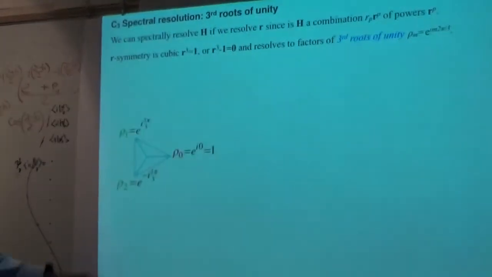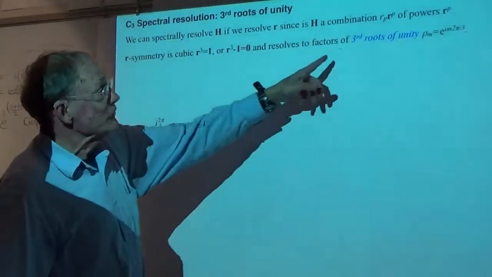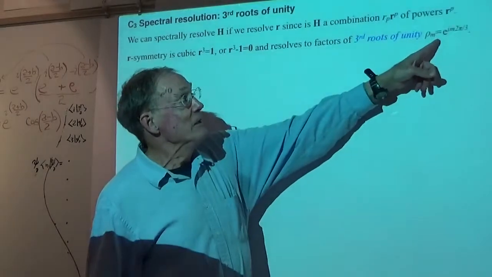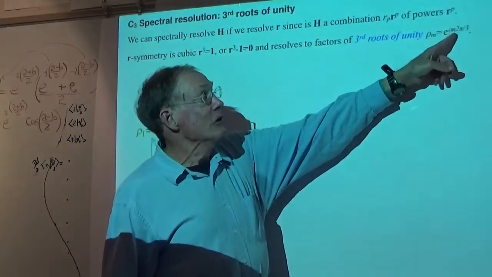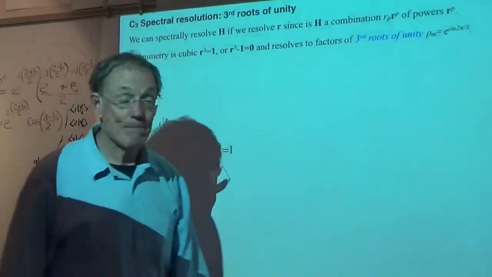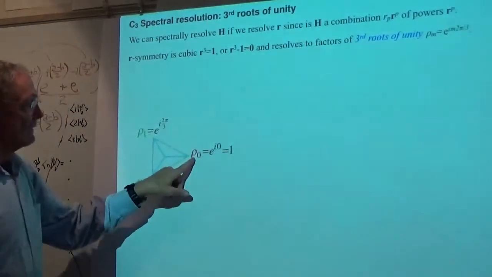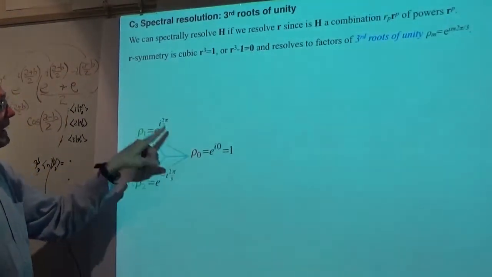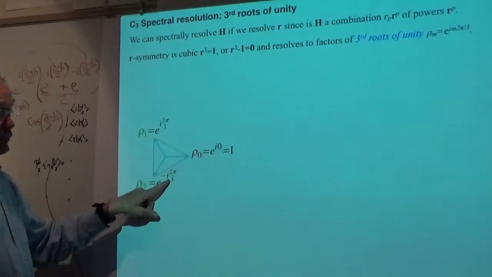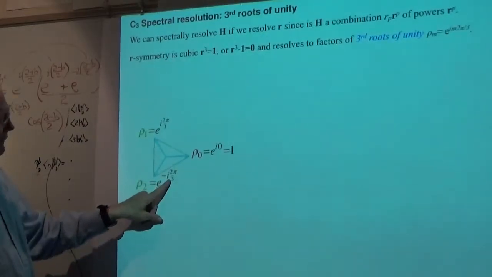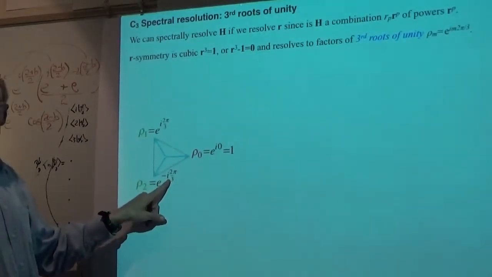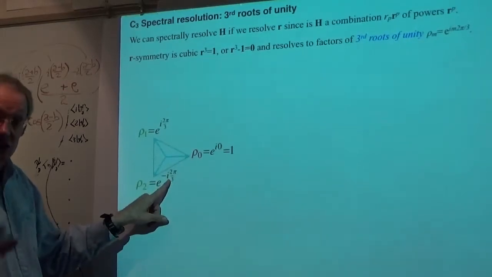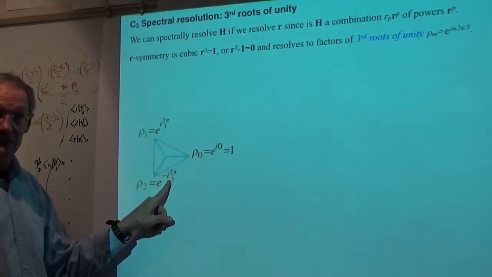In any case, what we need are the eigenvalues, which are the third roots of unity. We need e to the i times an integer times 2 pi over 3, where m is 0, m is 1, m is 2. Does that look like a 2? No, it isn't. It's a minus 1, but minus 1 is equal to 2 modulo 3.